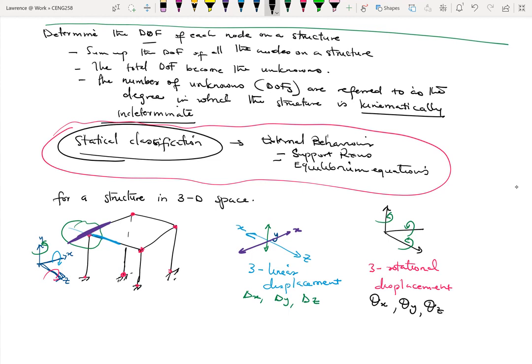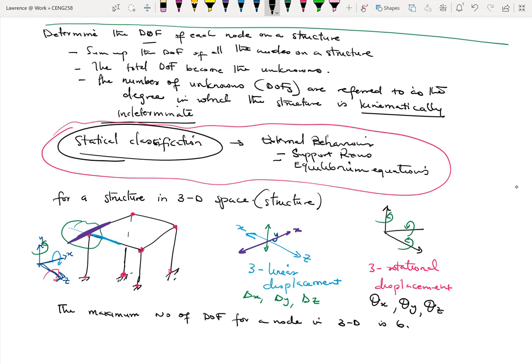Okay. So for any three-dimensional structure, the maximum displacement it can undergo is 6, which means that the maximum number of degrees of freedom for a node in 3D is 6.